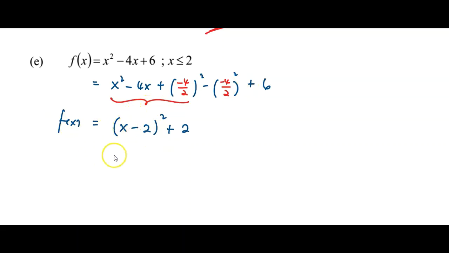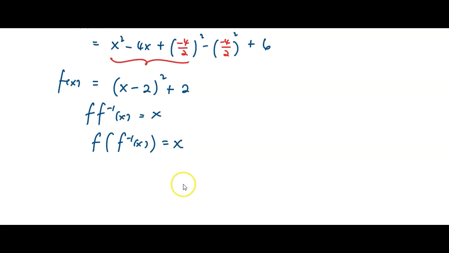So our inverse function will be based on this function that we have converted into the completing the square form. Start from this statement again. Start from finding the composite function, f of f inverse equals x. What is meant by the f inverse?